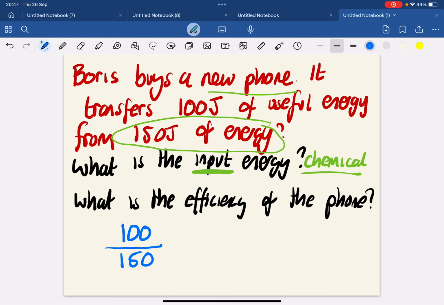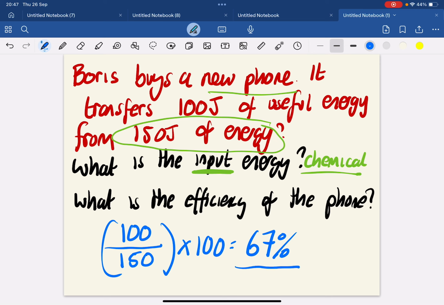So we have 100 divided by 150, and then we times that by 100. And if you do that, we should get an answer around about 67%. So this phone is 67% efficient, which means the rest of that energy is going to be wasted, and we're paying for that. And that's something to bear in mind as well about the economic effects of efficiency.